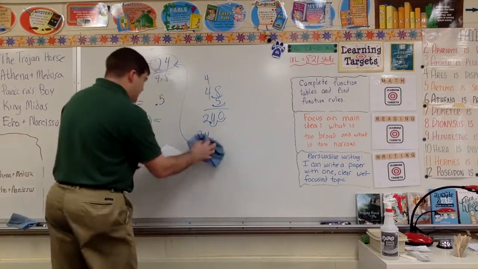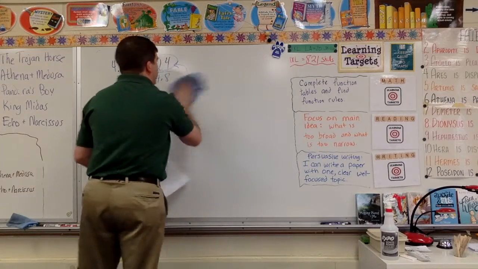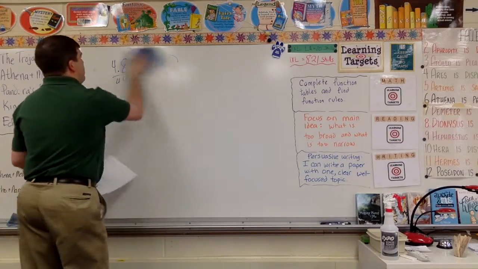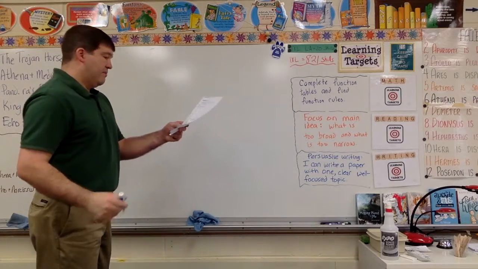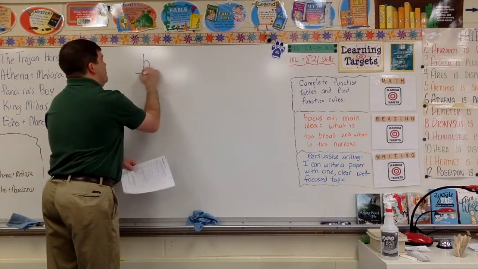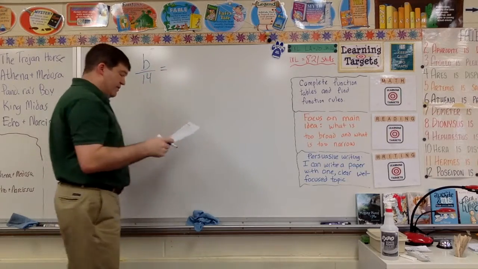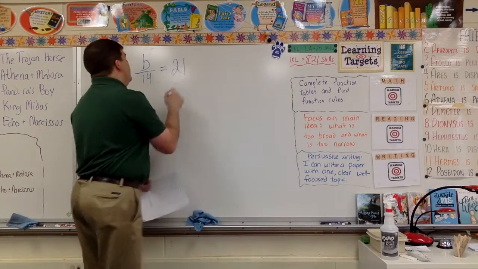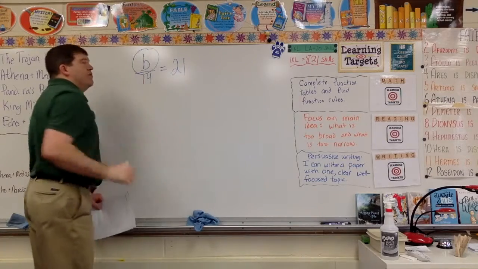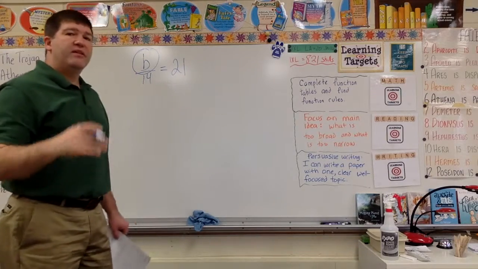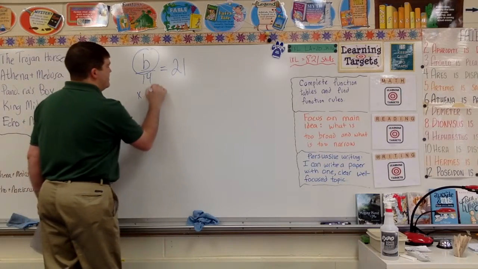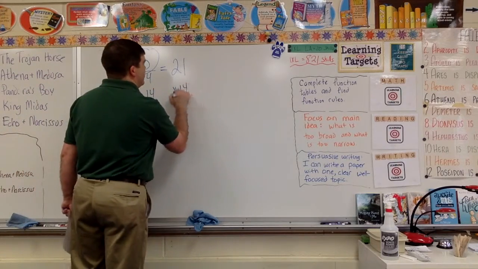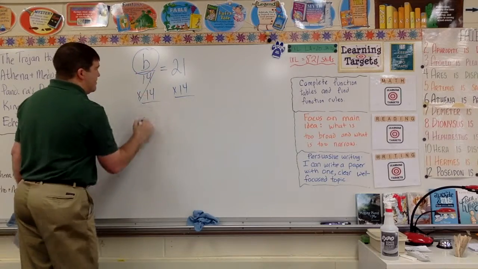Last one, number 18. It is B divided by 14 equals 21. I want to get B all by itself. What's happening to B? B is being divided by 14. Let's do the opposite. Times 14. Those cancel.